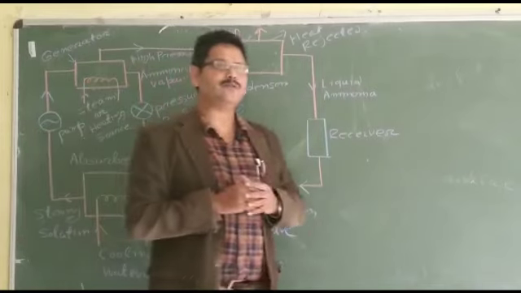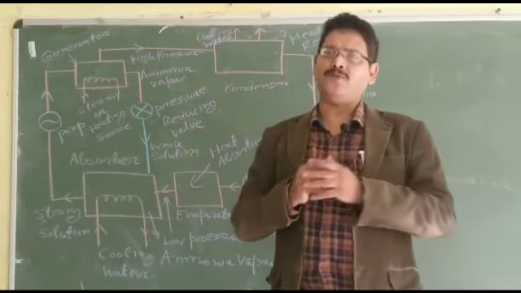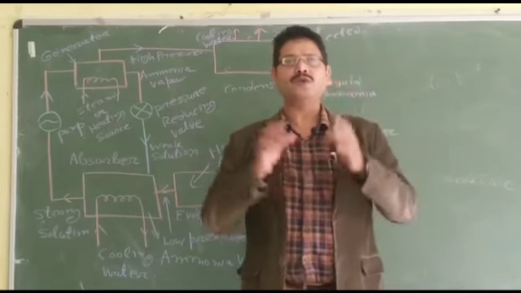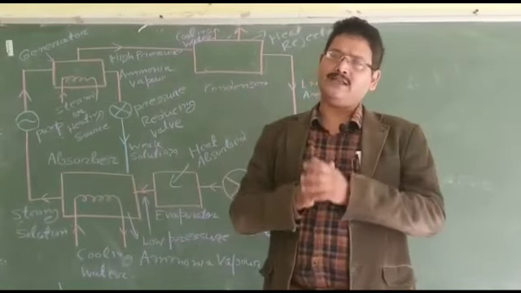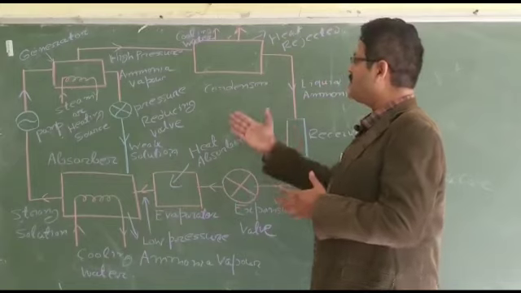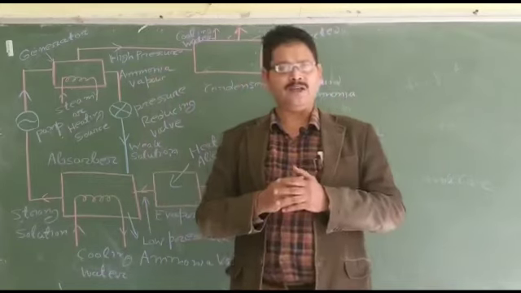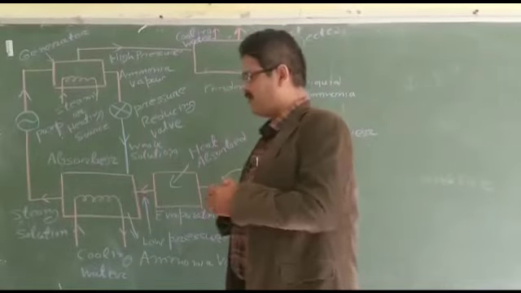Another thing that we need to know about the vapor absorption refrigeration system is that we use two fluids. One is refrigerant, another is absorbent. Here we are using ammonia as a refrigerant and we are using water as an absorbent.